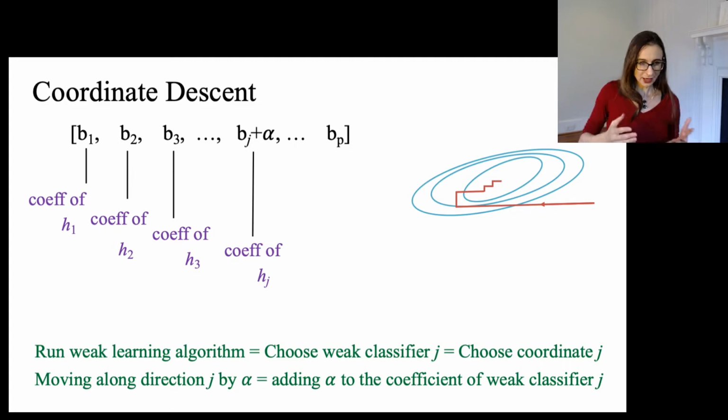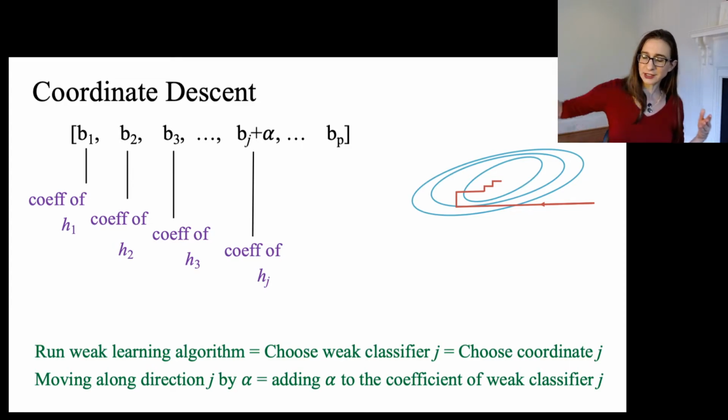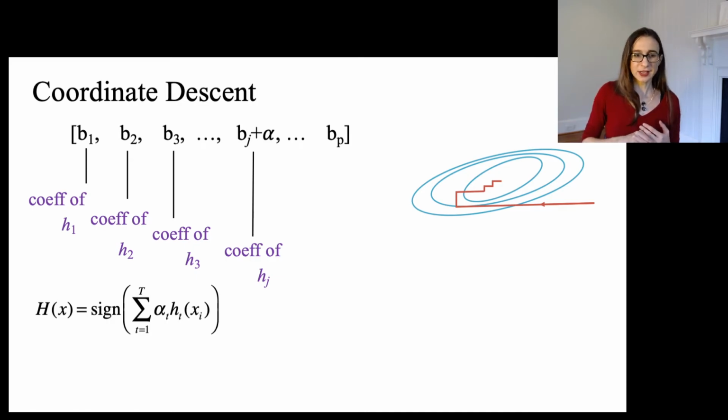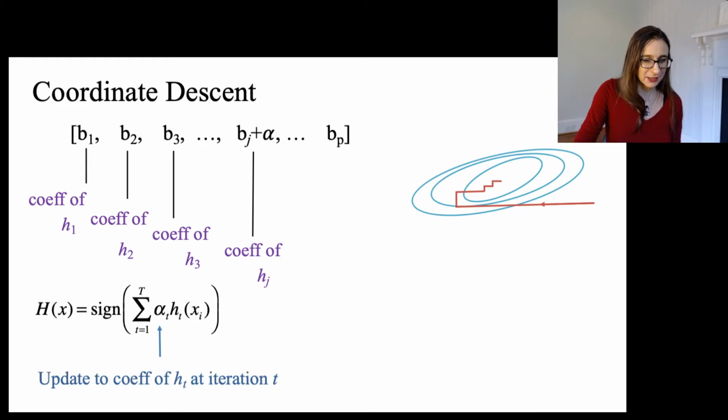So I can write the final combined classifier as a sum over J and add up all the updates that we had for each weak classifier J. But another way to write it is as the sum over all iterations, where you add up the updates to the coefficients that you made for each weak classifier. Okay? Cool. Yeah, so alpha t is the update to the coefficient of the weak classifier that you got at iteration t. Cool.